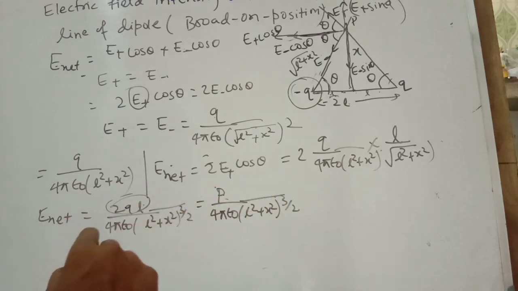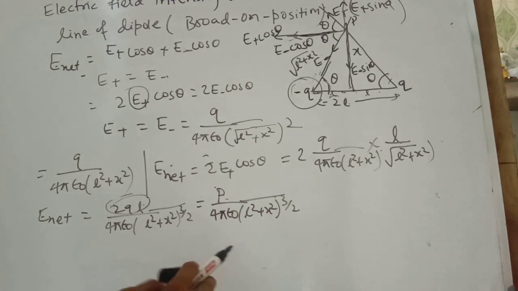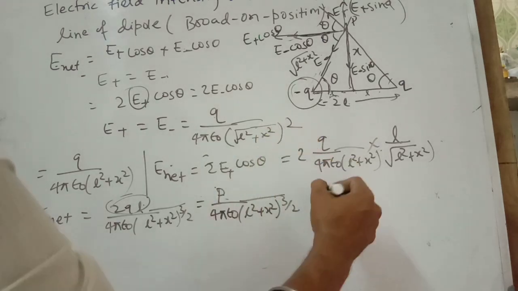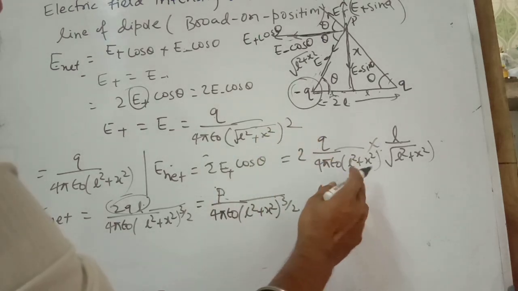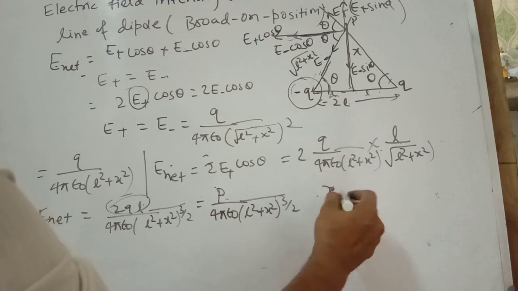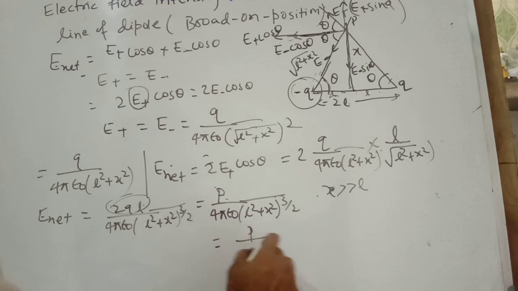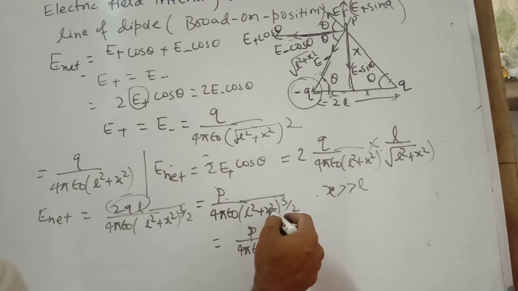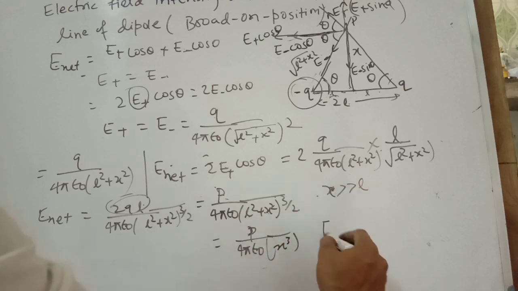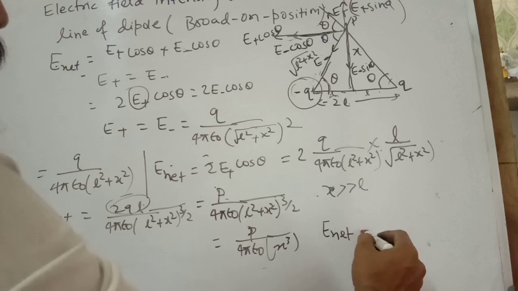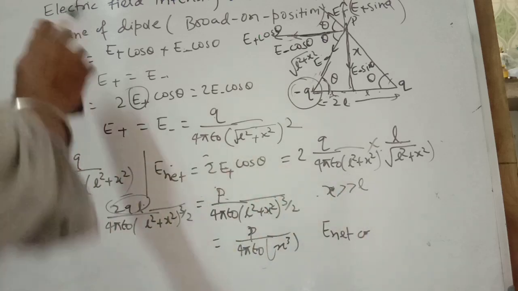Now again we consider that x is greater than L. Then L is very small with respect to x, so it will become x cube, and E net is P over 4 pi epsilon naught x cube.